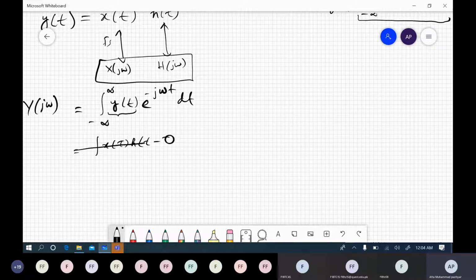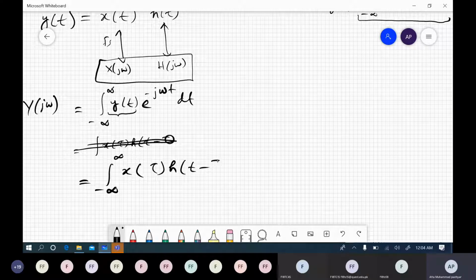I want to write it again. This must be equal to the integral from minus infinity to infinity of x of tau h of t minus tau d tau, which is the convolution of the input signal with the impulse response, times e to the power minus j omega t dt.